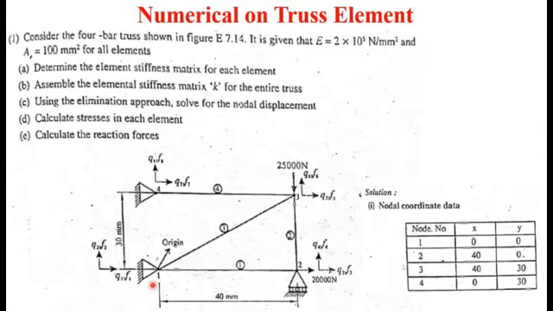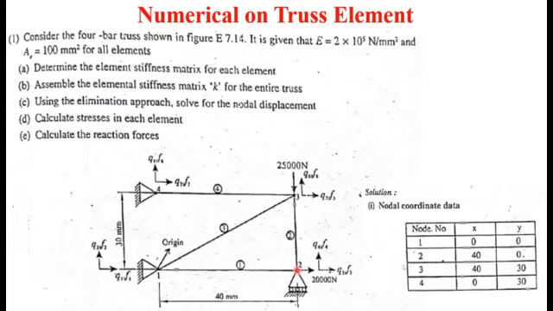First of all we will identify the x and y coordinates of these nodes. The first node is at the origin, so the x coordinate is 0 and the y coordinate is 0.